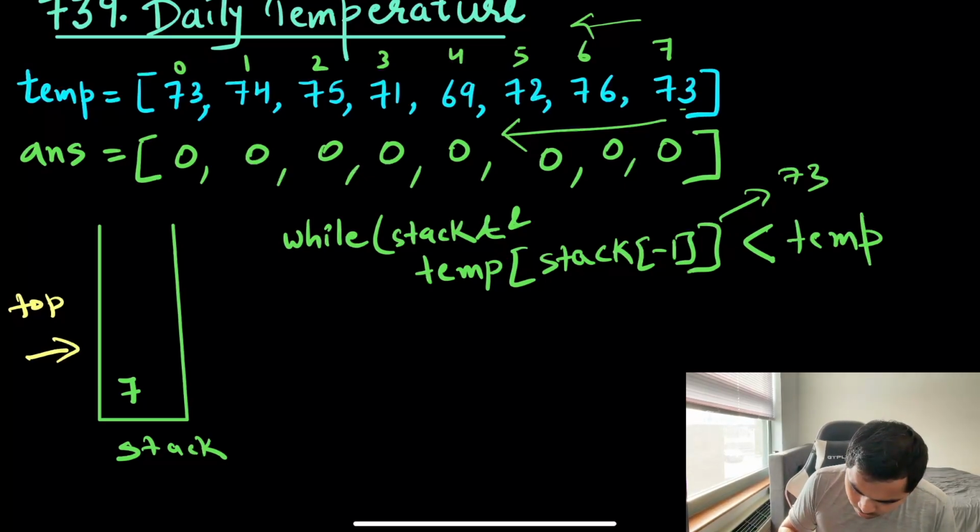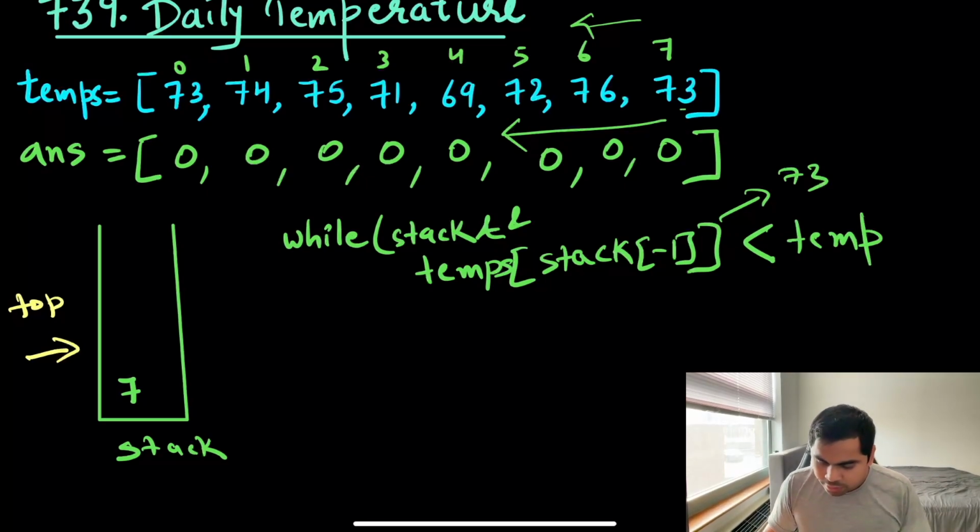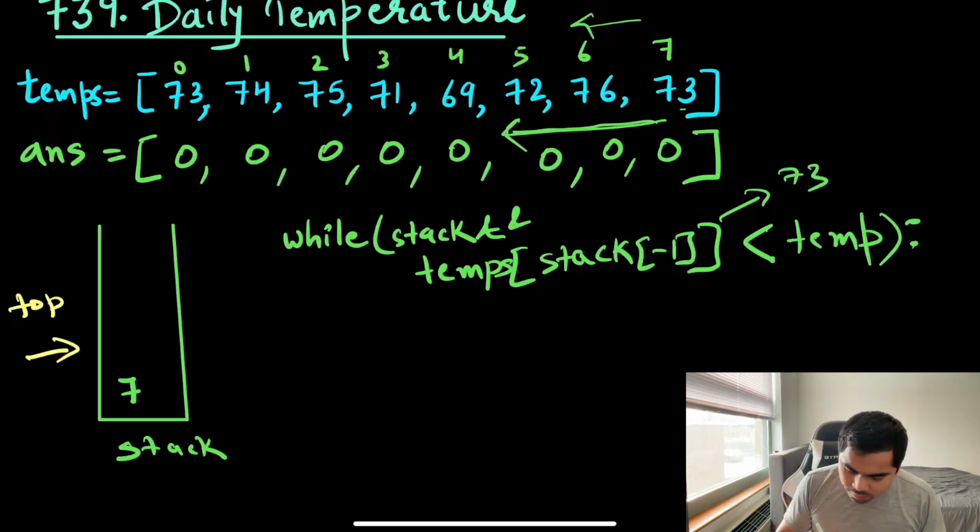Okay, so this is temps, so that when I reference temp, that means I'm referring to one particular temperature from the back, because I'm going from back to the front. If this is the condition, that means what? That means I saw the temperature that I have stored in my stack that was smaller than my current temperature.